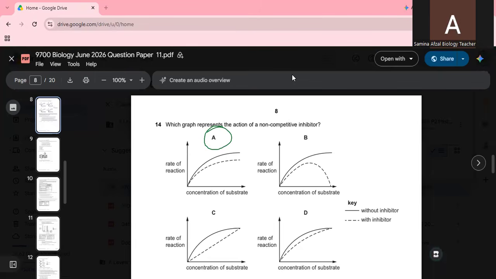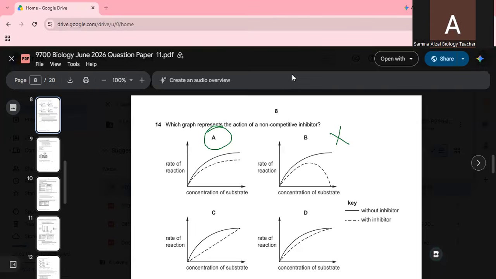Now we will move towards B, why it is not correct. You can see the rate drops to 0 as substrate concentration increases, which is incorrect, because this is not the behavior of the non-competitive inhibition. So B is not the correct option. Now C, you can see a linear relationship rather than hyperbolic enzyme kinetics.